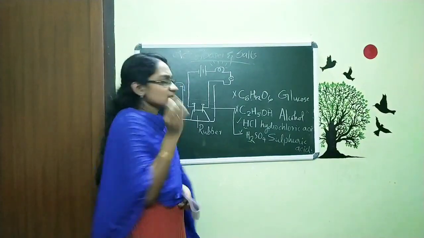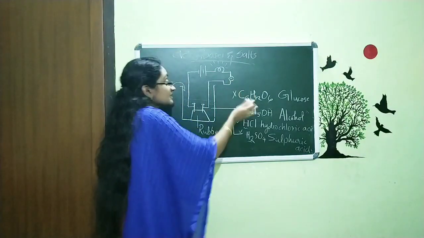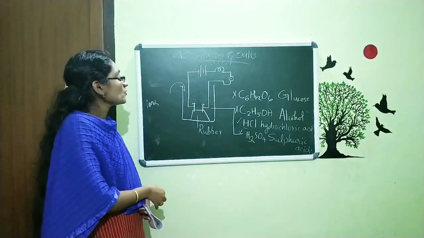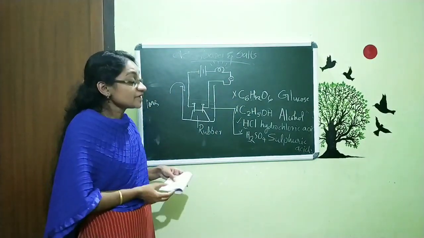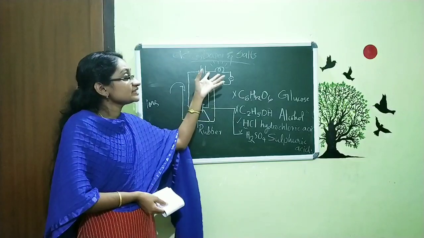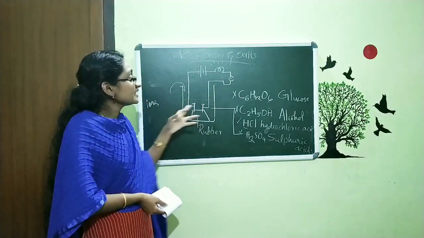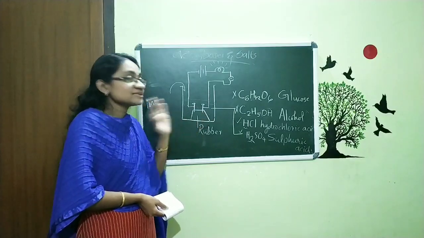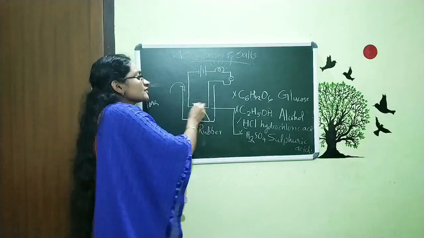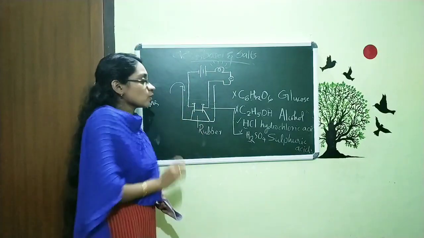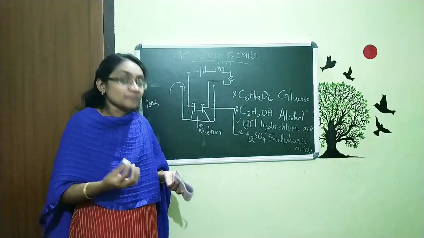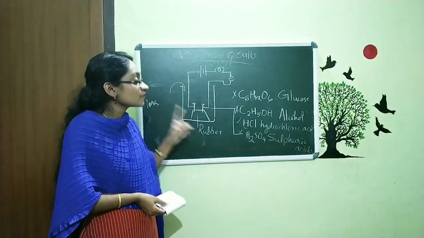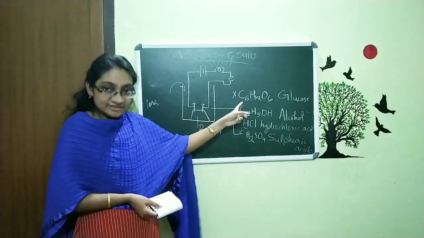This means there are no free ions present, and because of this the bulb does not glow. When we add glucose in this beaker, the circuit is still incomplete, and when the circuit is complete, the electricity will flow.